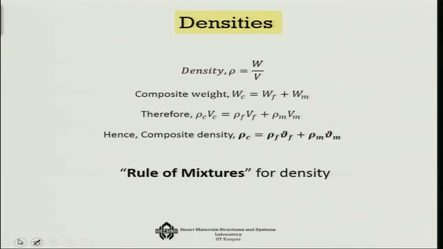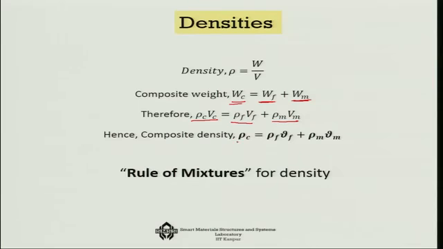Now if I look at the density, what is it? W over V, and this Wc for the composite is Wf plus Wm. So what is Wc? It is rho c times Vc, where rho c is the density of the composite and Vc is the volume of the composite, and that equals rho f Vf plus rho m Vm.